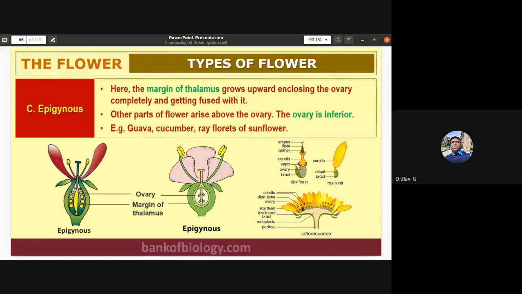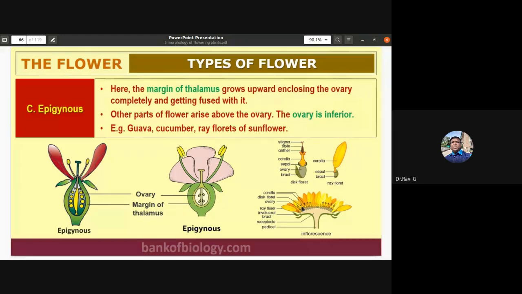The calyx, corolla, and androecium arise from above the ovary. So this type of flower we call the epigynous flower, and the ovary is inferior. Examples for this are guava, cucumber, ray florets of sunflower, apple, pear. They are all examples for this epigynous where the ovary is inferior.